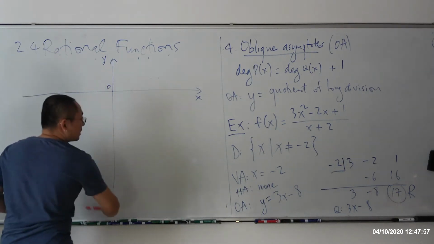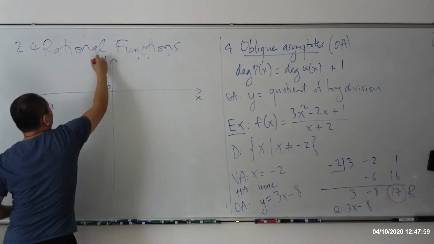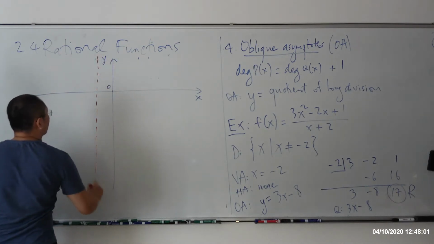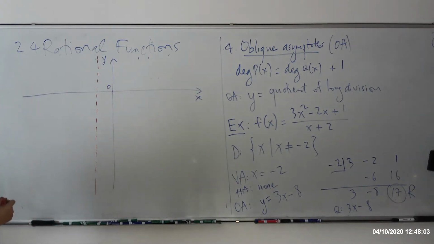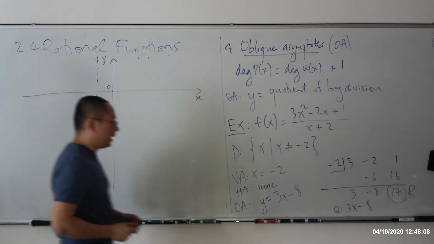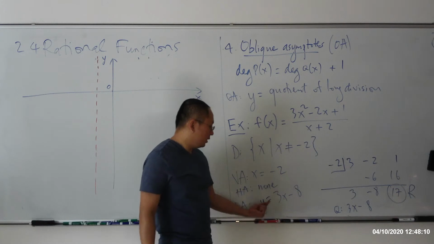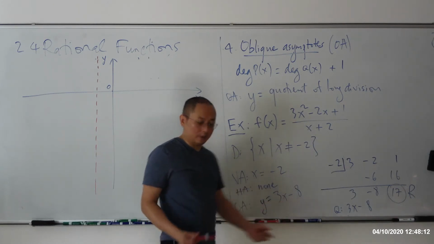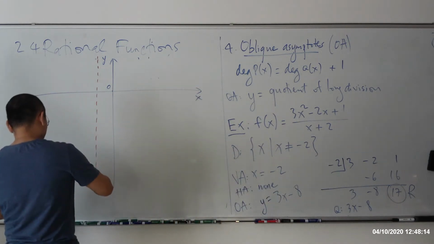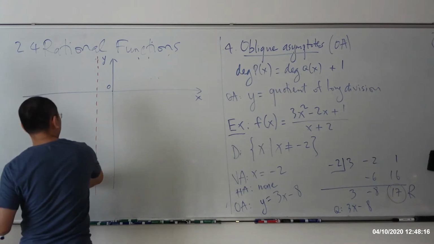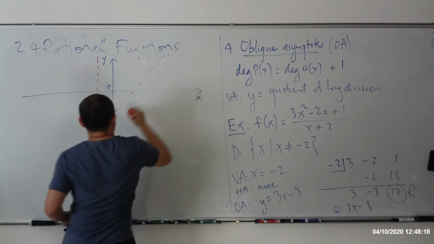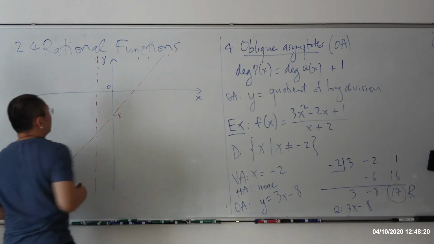We have a vertical asymptote of x equal to -2. Okay? And we have the oblique asymptote of y equal to 3x minus 8. You guys see that this is the line, slope is 3, y-intercept is -8. So the line is going to look like this, right up. This is -8, intercept, okay.